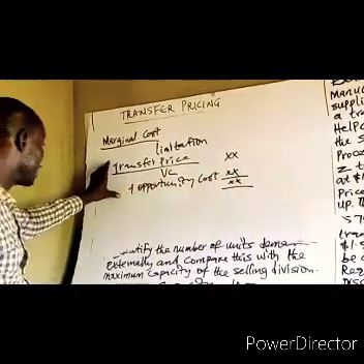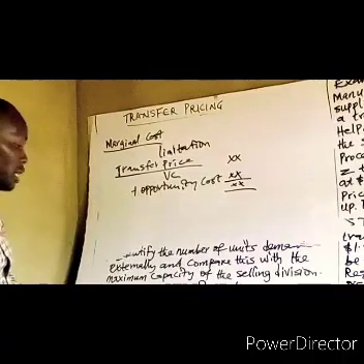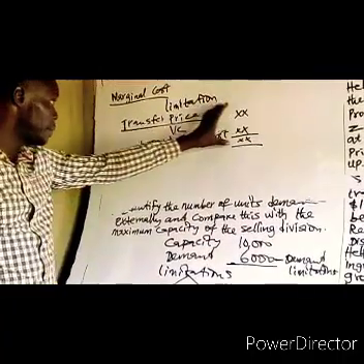That will be the transfer price where there are limitations. It is only where there are limitations that you make use of the opportunity cost.